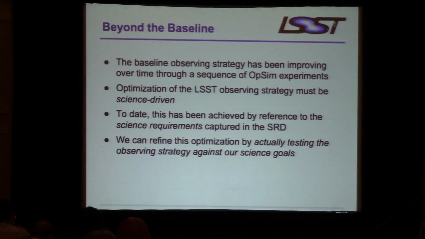And it's similar in spirit to thinking about a proposal you might write for observing time, except we're interacting with a survey. So to optimize the LSST observing strategy, clearly that needs to be science-driven. We need to understand how well a given strategy will perform for us. So we can do this by actually testing simulations of the observing strategy against our own particular science goals.